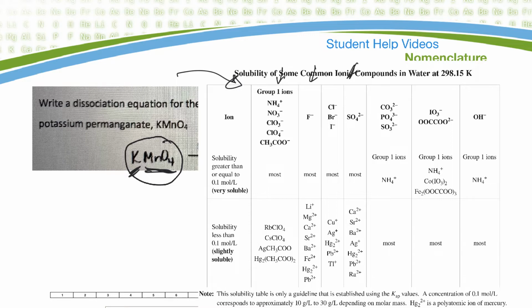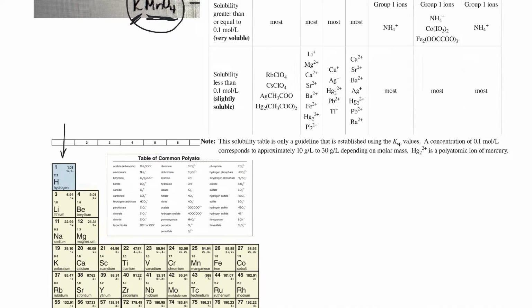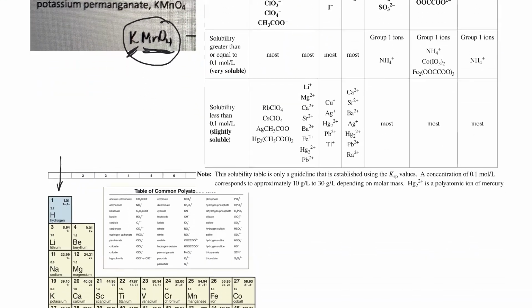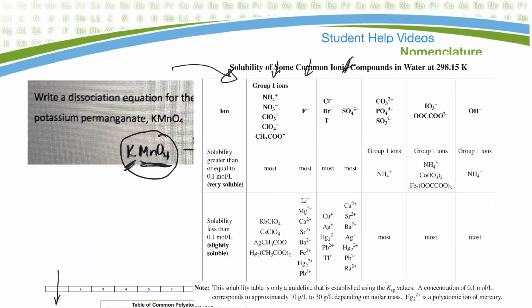The other thing you can look for is potassium is in this column right there. Let me move down a bit. Potassium there in group 1. And so if it's in group 1, then I can look at that column right there because I don't see permanganate anywhere here. So I look at group 1 and then I look down to see whether it falls here or here.